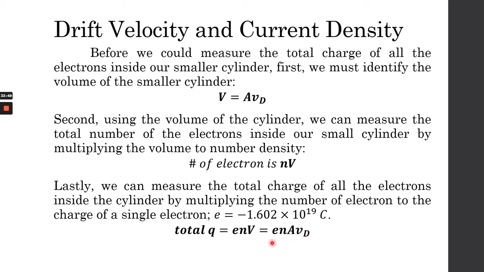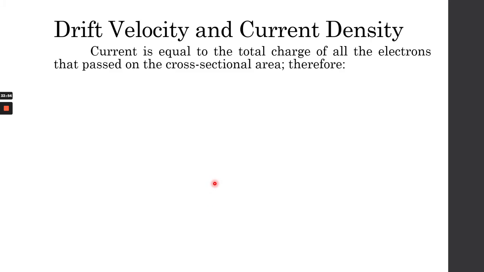And as I mentioned earlier, the total charge inside our small cylinder is equal to the current, because that's the number of electrons, which is equal to the total charge of all the electrons that pass through the cross-sectional area within 1 second. So the current is equal to the total charge of all the electrons that pass through the cross-sectional area.